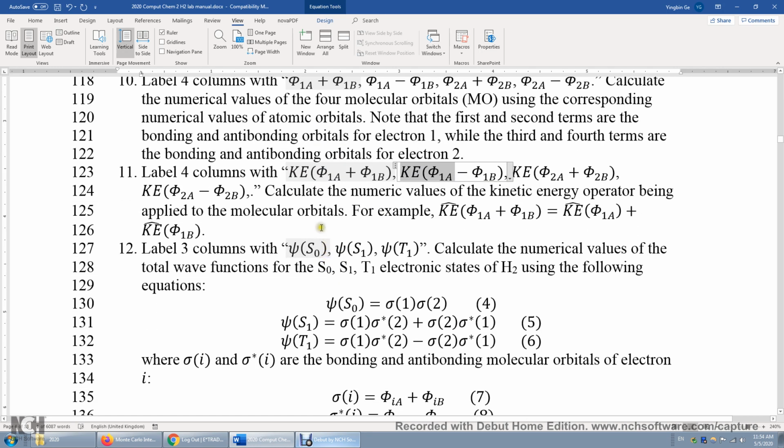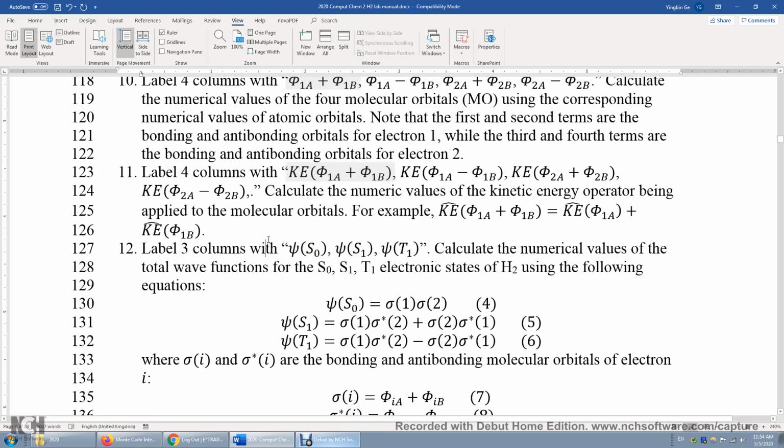And then let's talk about the ground state and excited states. S0 is the ground state. S1 and T1 are excited states. S stands for singlet. T stands for triplet. So S0 means we have both electrons paired, and they occupy the sigma bonding orbital.